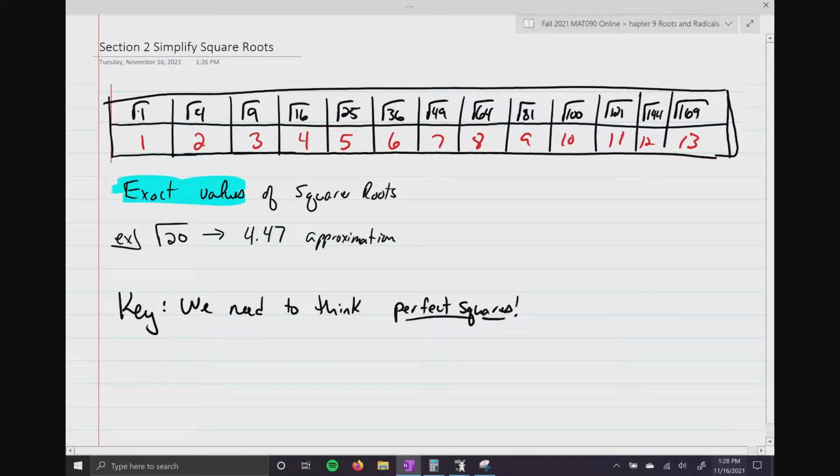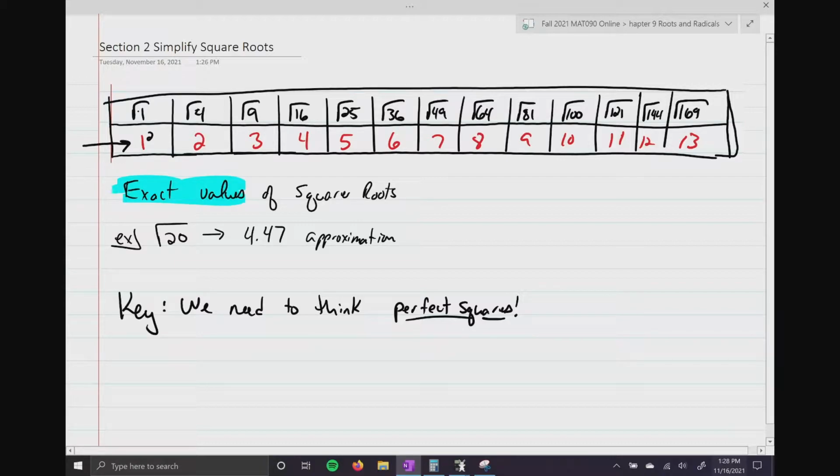Now, this entire second row, those are all perfect squares. So 1 to the second, we know is the same thing as the square root of 1. The square root of 4 is 2 because 2 to the second equals 4. The square root of 9 is 3 because 3 to the second power is 9, and so forth.